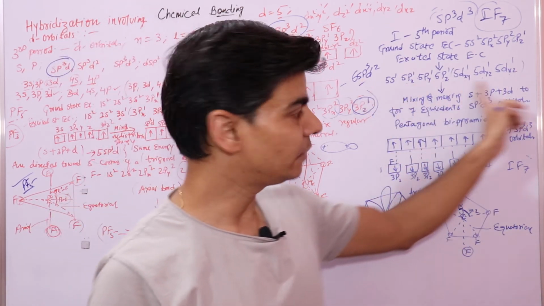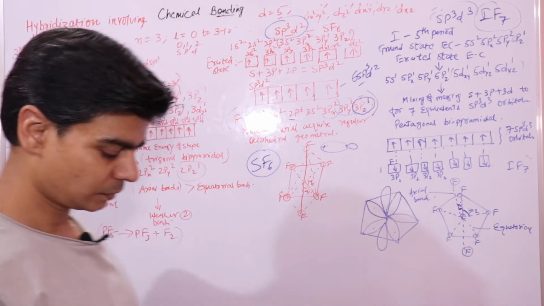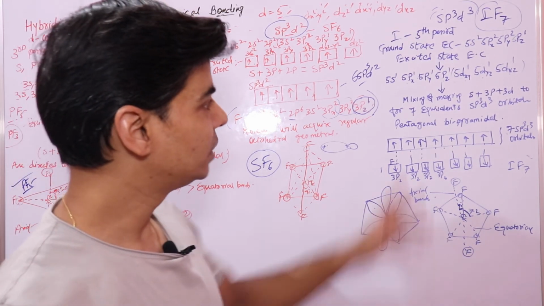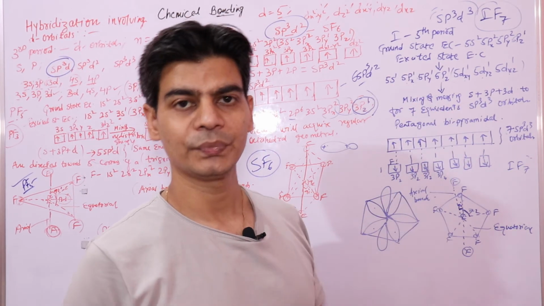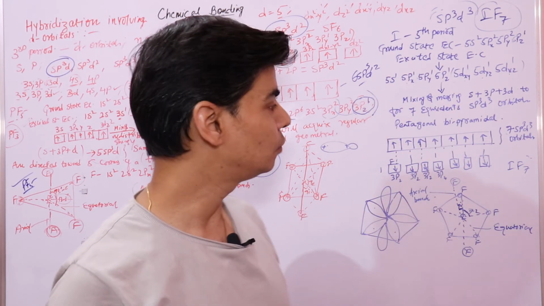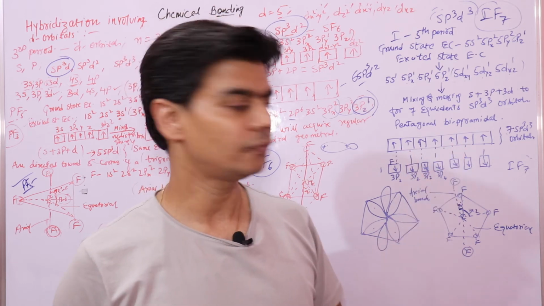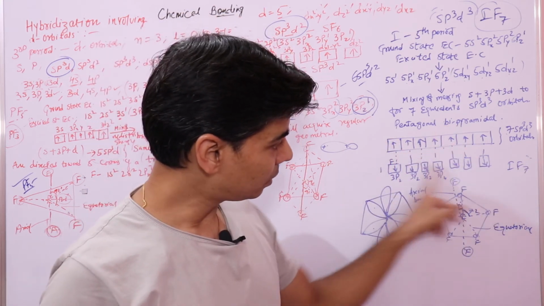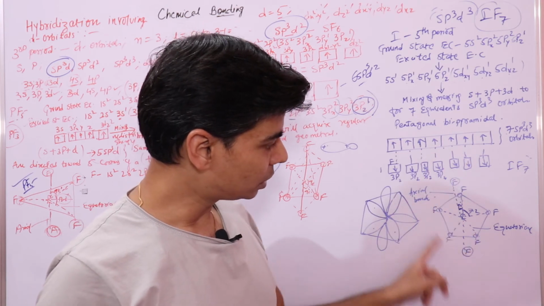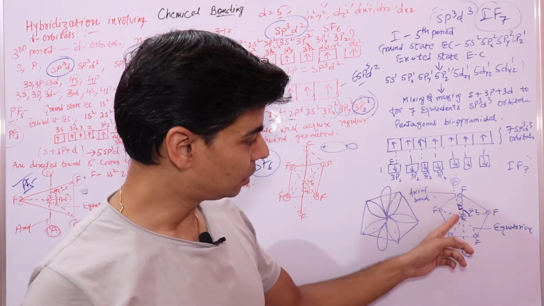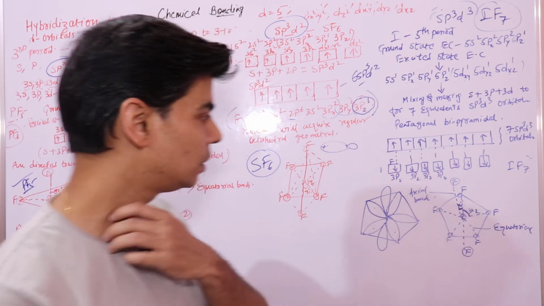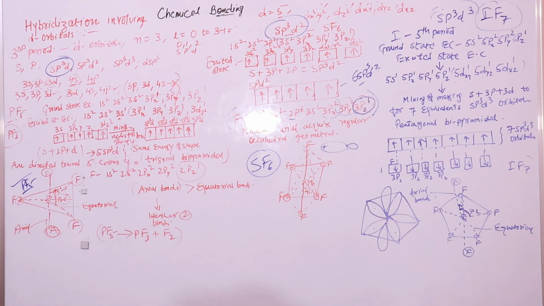So now we have 7 half-filled orbitals, which will undergo mixing and merging and will redistribute their energy to form 7 equivalent sp3d3 orbitals, right, which are directed towards the corners of the pentagon, and 2 of them are above and below the plane of the pentagon, perpendicular to it.